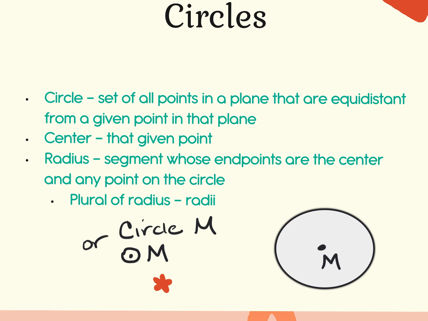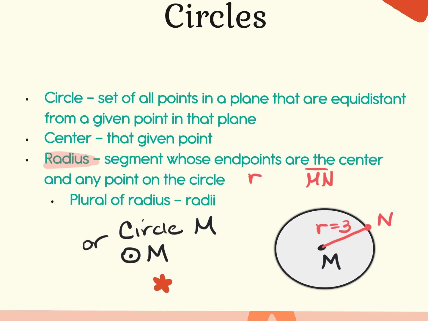Now, the other vocabulary term on this slide is the word radius. A radius is just a segment that goes from the center to the edge of the circle, so it's to a point on the side of the circle. So let's say this is point N. Radius is also indicated with a lowercase letter r. Let's say I told you that this radius MN has a length of 3.